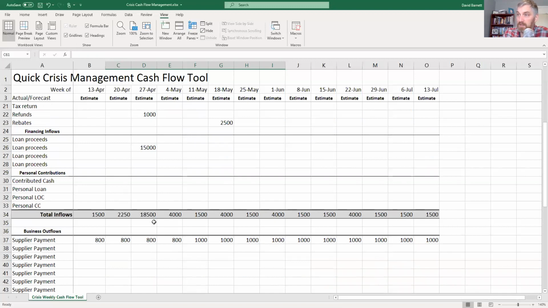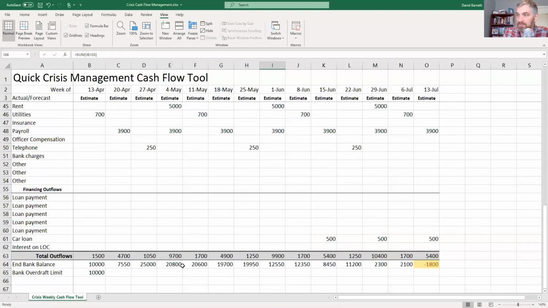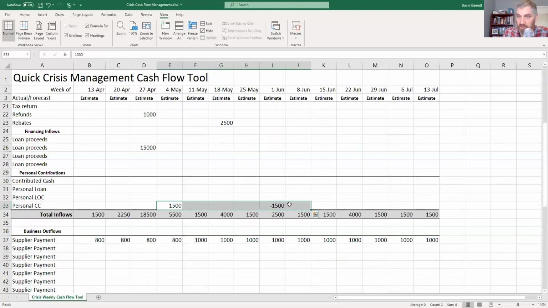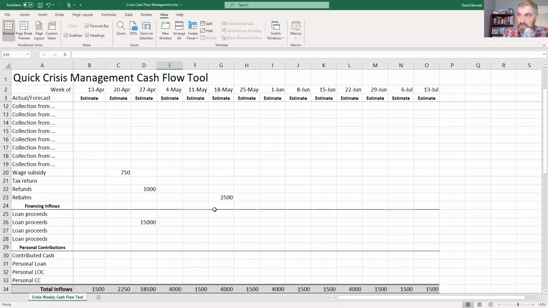Well, maybe we decide that we want to put some of our expenses onto our own credit card, $1,500, and we're going to pay it back before the credit card is due. What is that going to do for us? Well, it lifts our cash balances during the period of time we put that money in. So this tool is going to allow you to juggle and make decisions and figure out what opportunities exist.